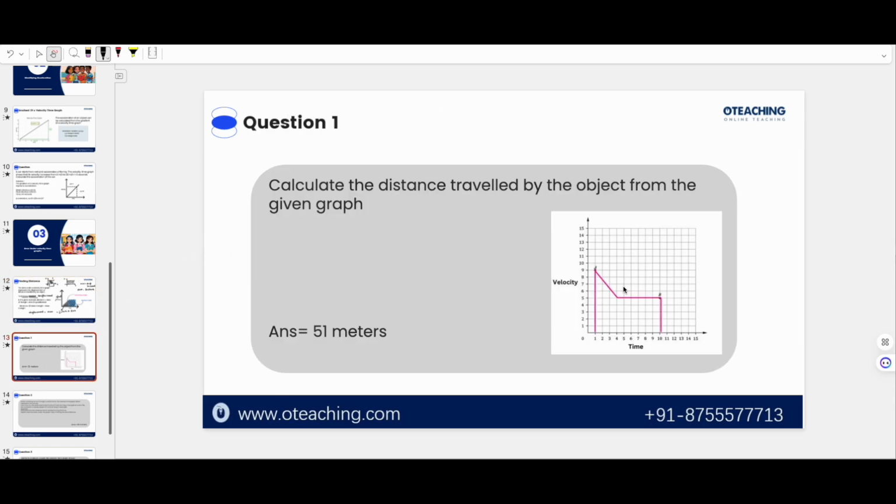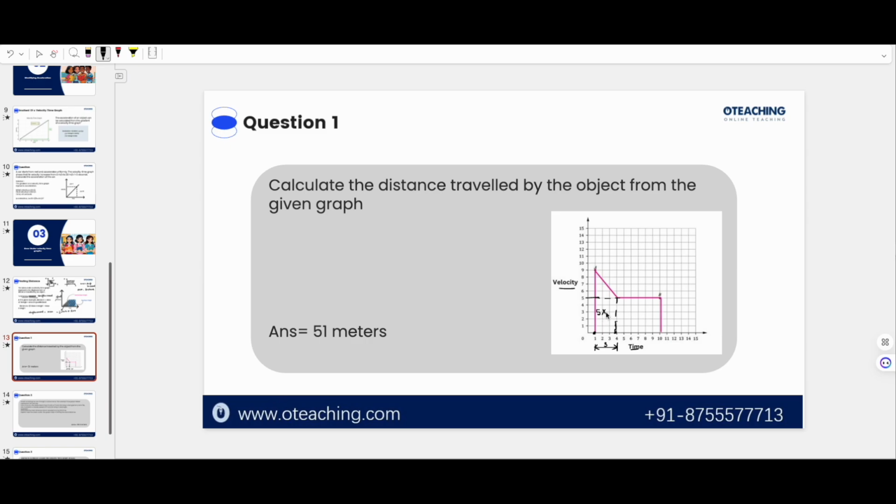Let's look at an example. Here we have been given a velocity time graph and we have to calculate the area. I can divide this velocity time graph into three parts: a triangle, a rectangle, and another rectangle. For the length times breadth of the first rectangle, the side is 4 minus 1, that is 3, and the other side is 5.